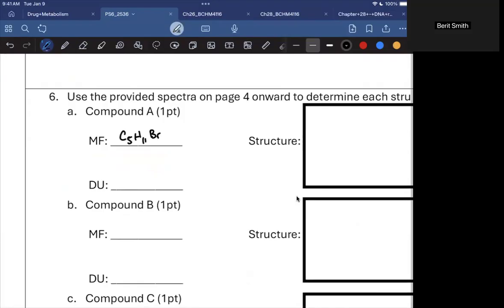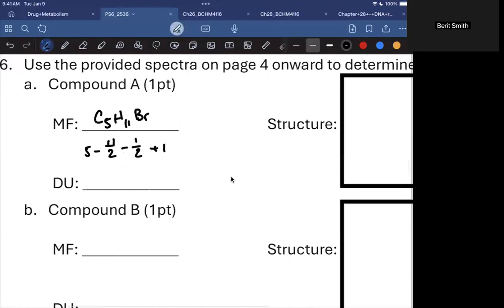Oh, and the DU, that's going to be 5 minus half the halogens plus 1. Because if you remember, the formula for the DU is carbon minus half hydrogens minus half halogens plus half the nitrogens plus 1.